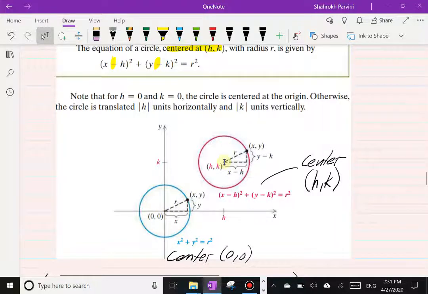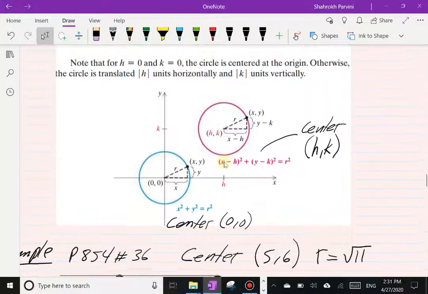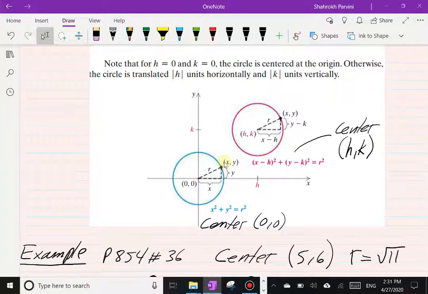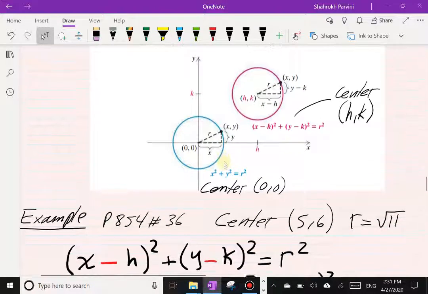Okay. And let's take a look at an example here. So this example is exercise number 36 in your book. And in this example, they want us to find the equation of a circle whose center is at 5, 6, and the radius is square root of 11, actually. So for this one, I have the equation.